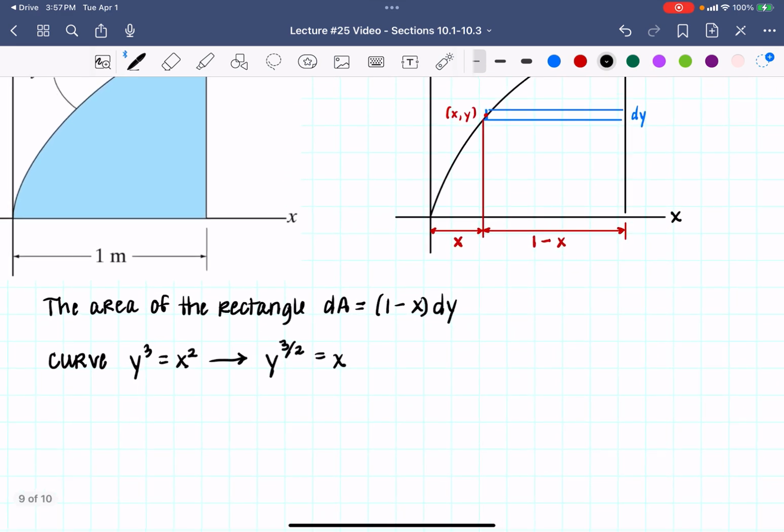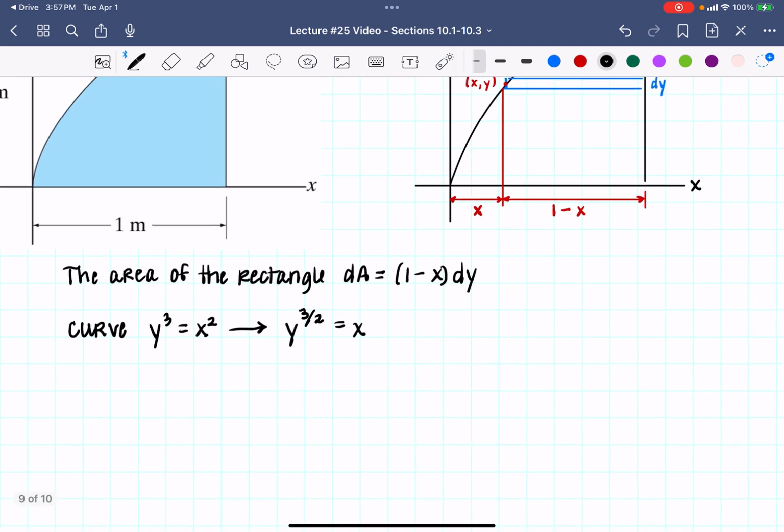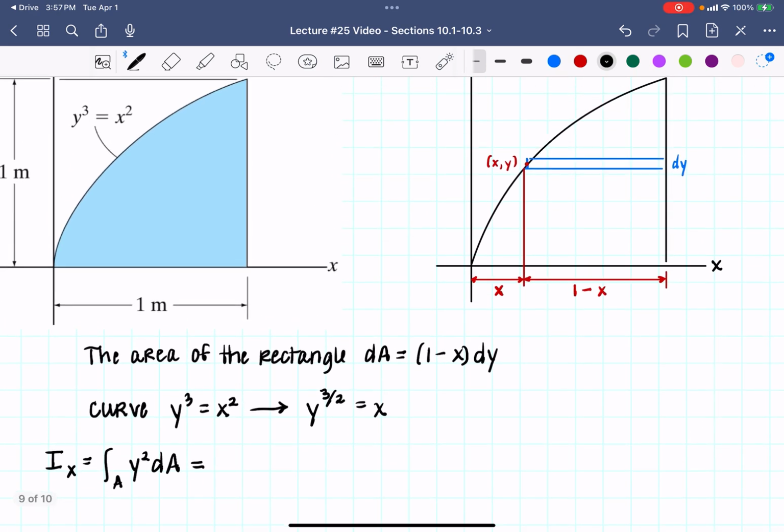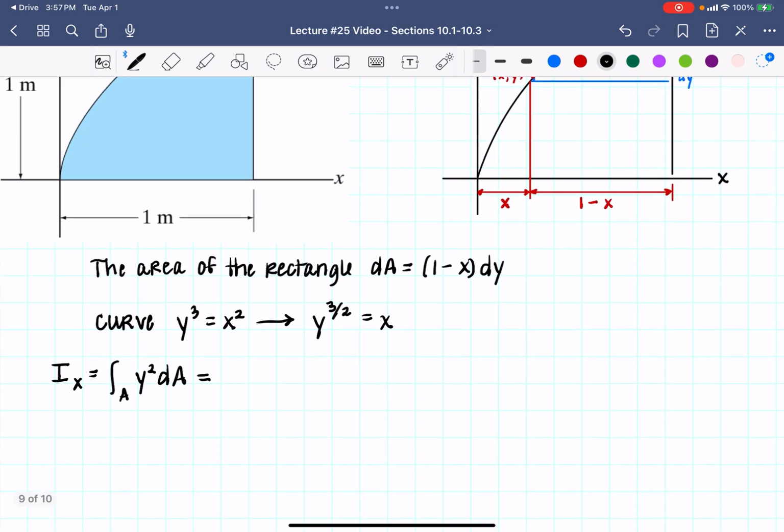So now I need to find my moment of inertia about the x-axis, which equals the integral over our area of y squared dA. That's going to be our formula. We are going to integrate. Our integration limits are on the y-axis, which in this case is just 0 to 1.